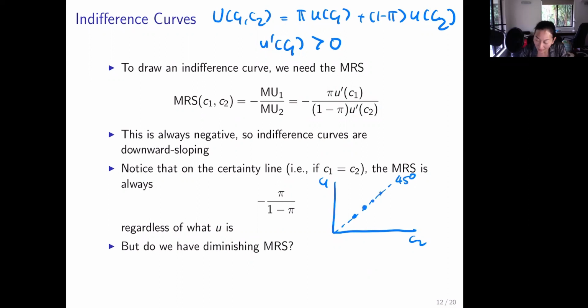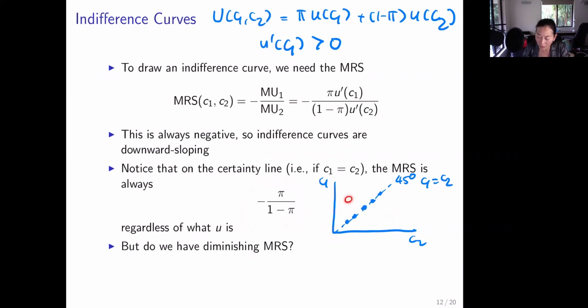You just know that any point along the 45-degree line is where C1 is equal to C2, and the slope of the indifference curve there must be equal to that. Any point here must be equal to that. But at the point here or the point here, it will most likely, almost surely, not be equal to that.